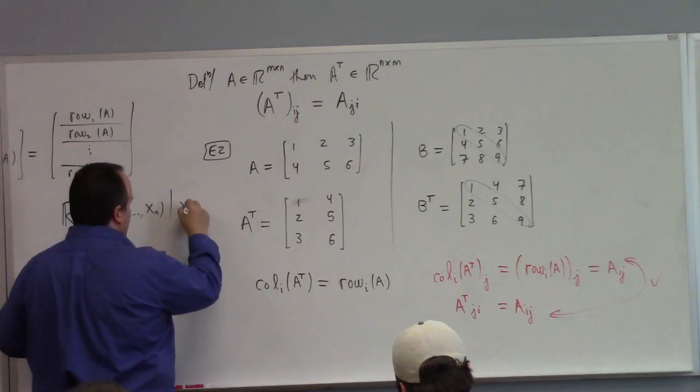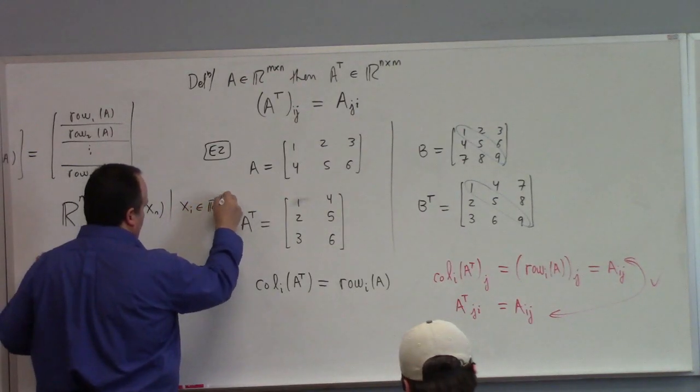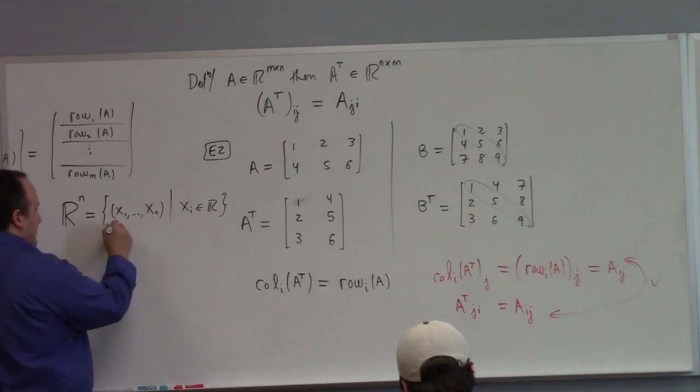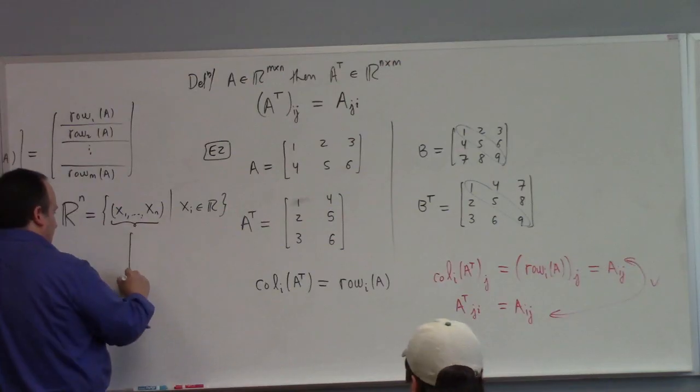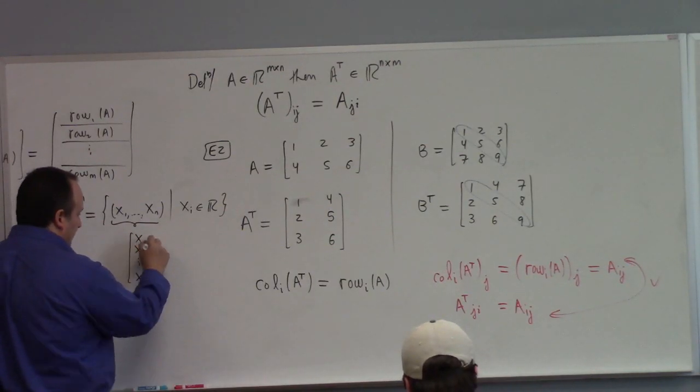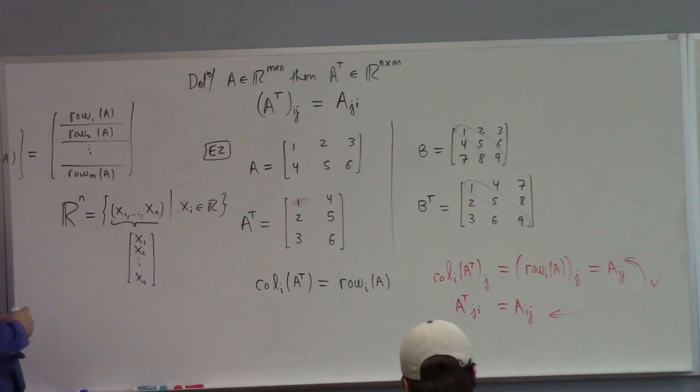Such that x sub i is a real number, for i equals 1 to n. This is R^n. This notation is a sneaky notation. It's actually a shorthand for a column vector. So when I use parentheses, that's a sneaky, hidden column vector notation.